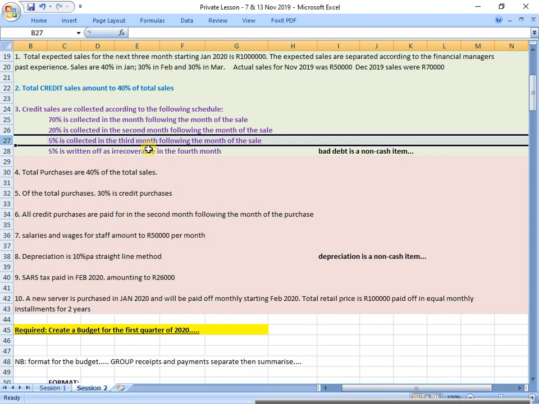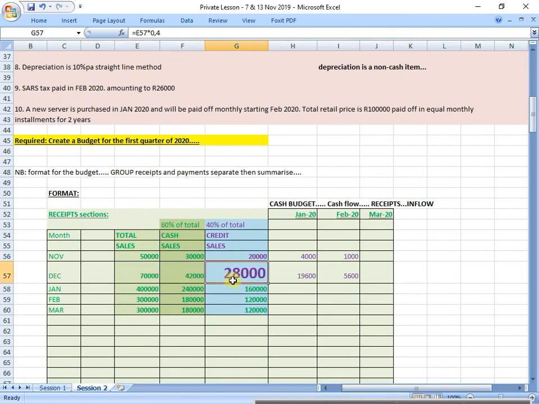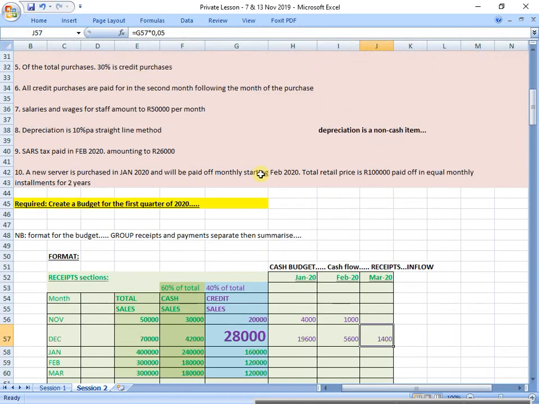Month 2, February. Month 3, March. Agree? How much do I collect from the sale in March? 5%. So, of December's credit sale, I'm going to collect 5% in March. Does that make sense?